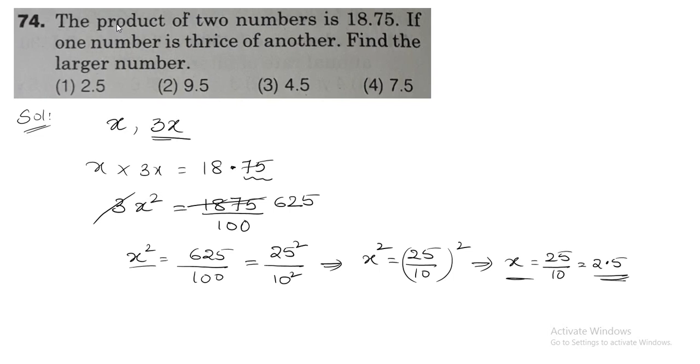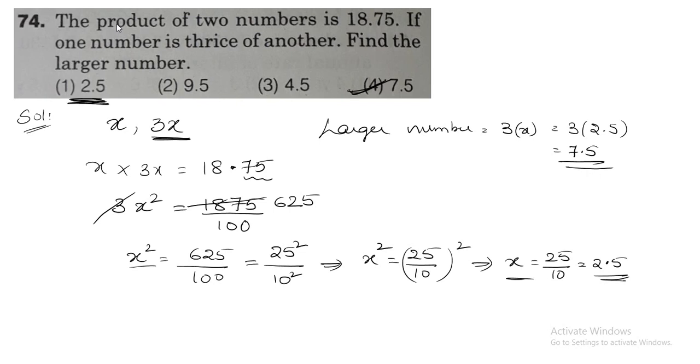But what I need is the larger value. So the larger number is 3 times x, which is 3 times 2.5, which is 7.5. Hence the answer is 7.5. If we ask about the smaller number, then 2.5 would be the answer.